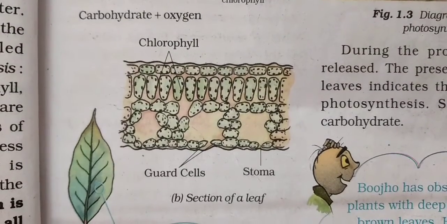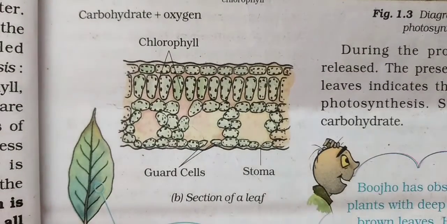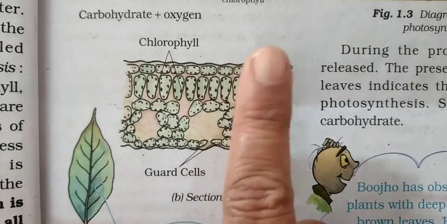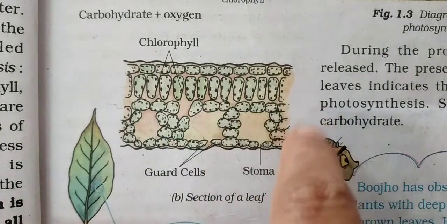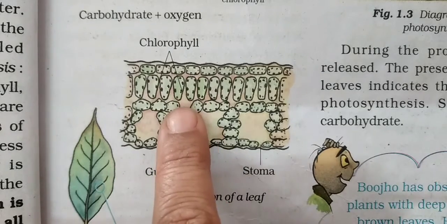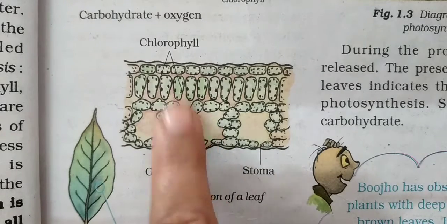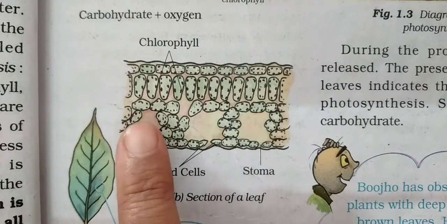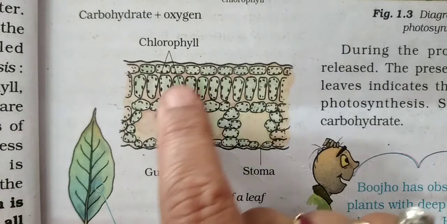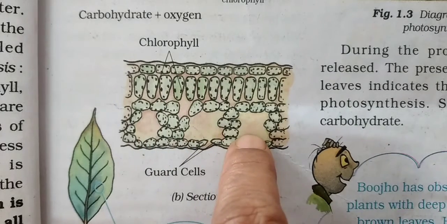Now look at this picture, a section of a leaf. When a thin layer of leaf is scraped out, you can see this type of structure, but not through the naked eye. You have to put this scraped lining of the leaf under the microscope and arrange it, and then you can see this structure.